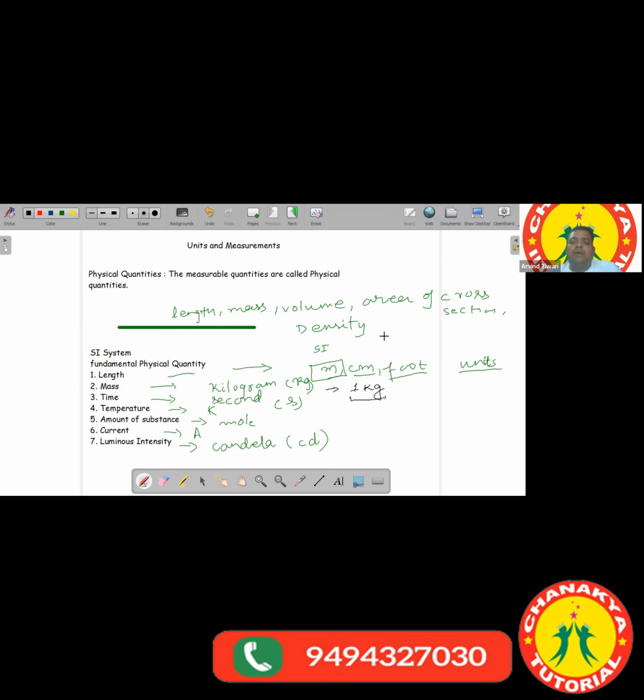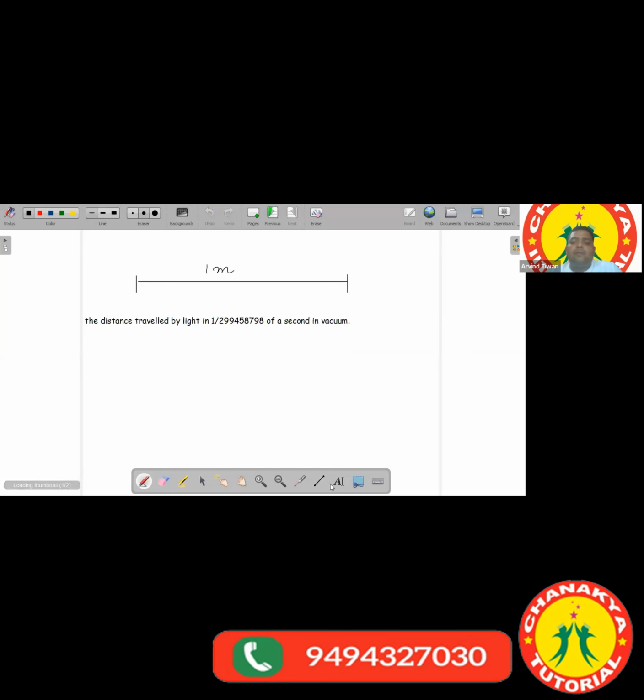A prototype has been made of platinum and iridium, and it is kept in the International Bureau in France. That we call 1 kilogram.